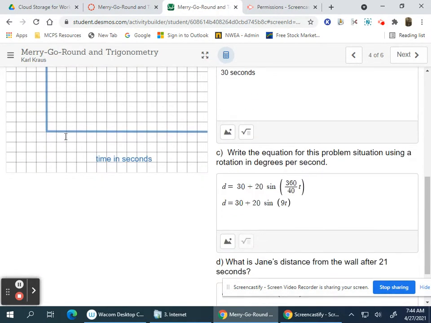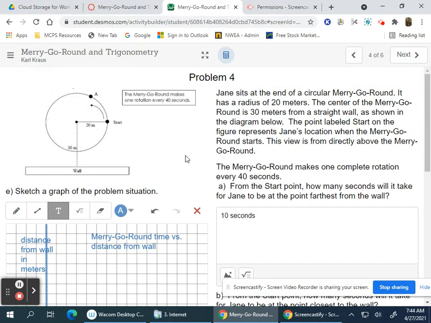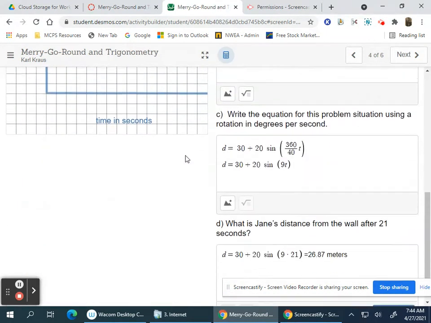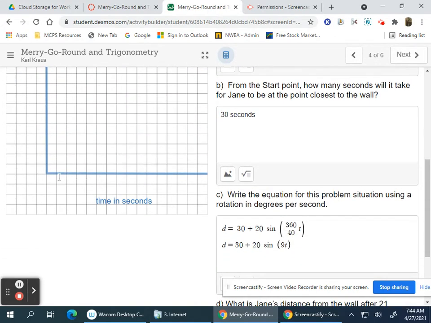I go on here, 1, 2, 3, 4, 5. So 15 into 40 goes about 2.5. I'm not going to make this a scale of 2.5, but let's see if this works here.